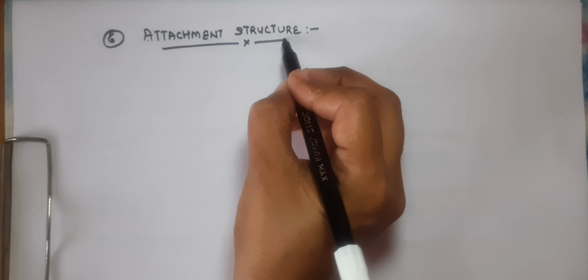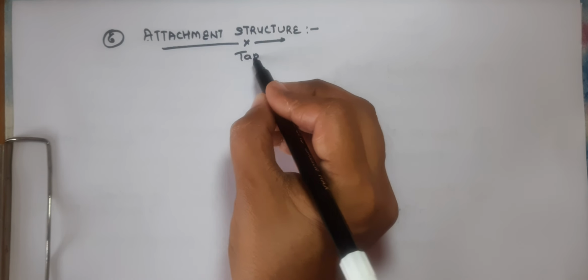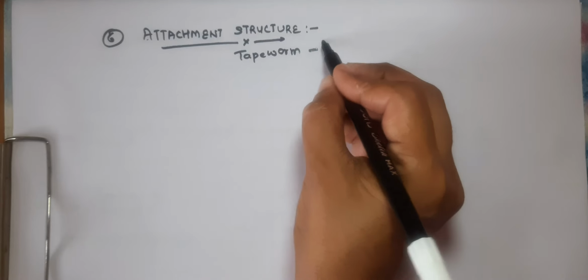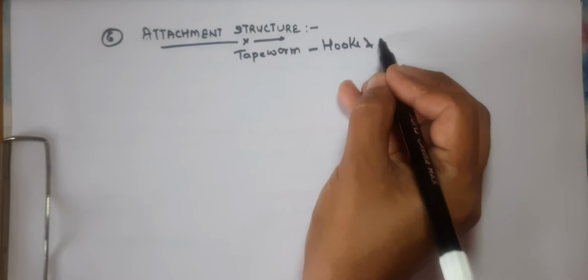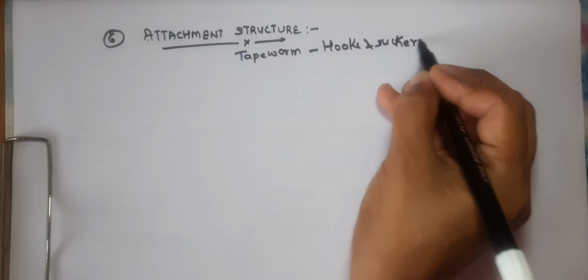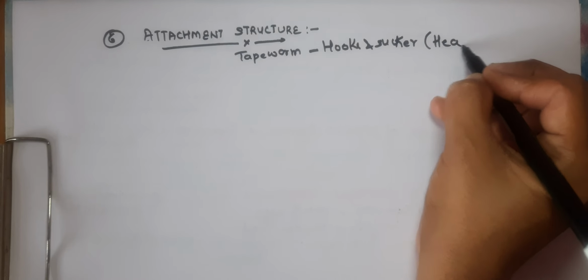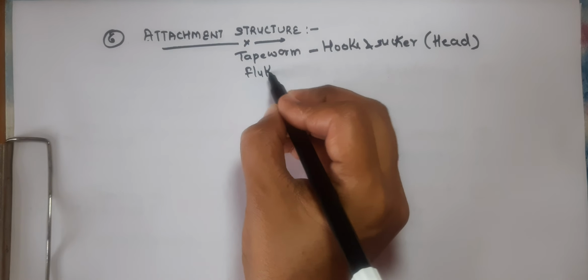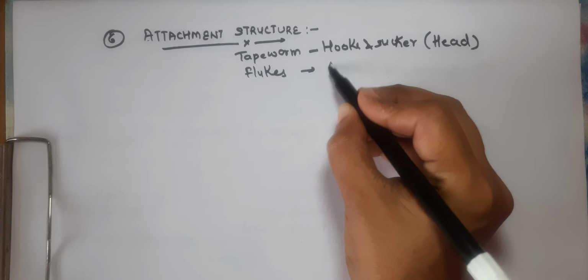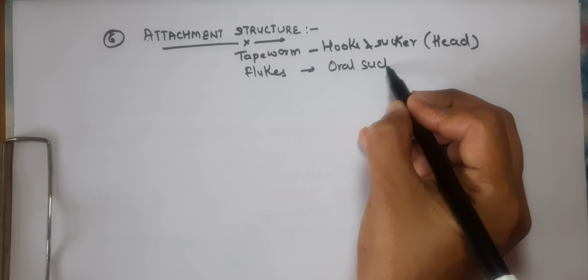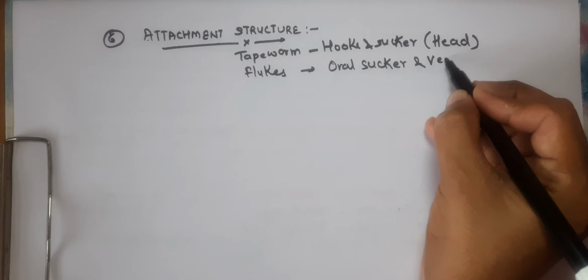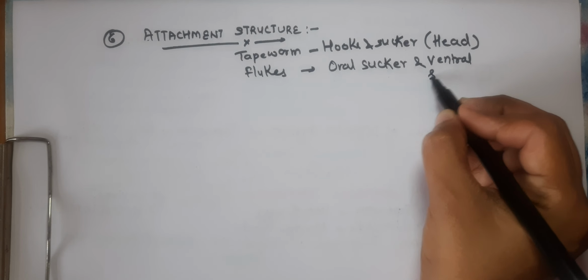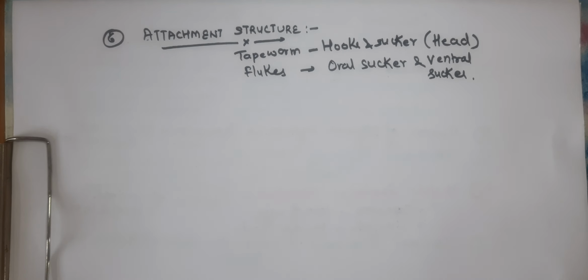In the case of tapeworm, they have hooks and suckers on their head, so their head possesses the hooks and suckers to firmly attach to the intestinal wall of the host. And if we talk about flukes, they have an oral sucker and a ventral sucker for attachment as well as feeding.